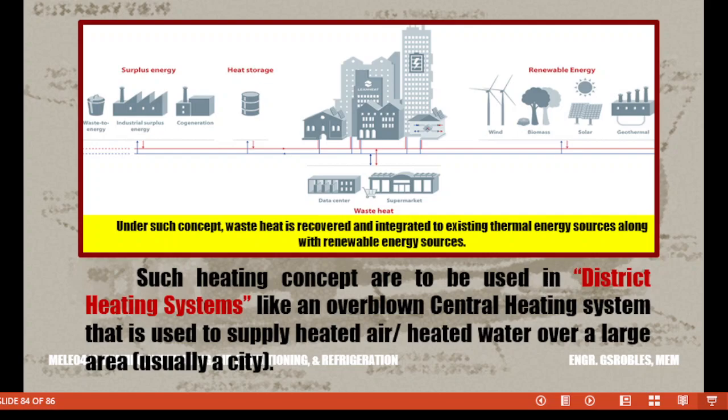Such heating concept is to be used in what we call district heating systems. Basically, we have a power plant here, like an overblown central heating system that is used to supply heated air and heated water, not only to a single room or house, but over a large area, usually a city.